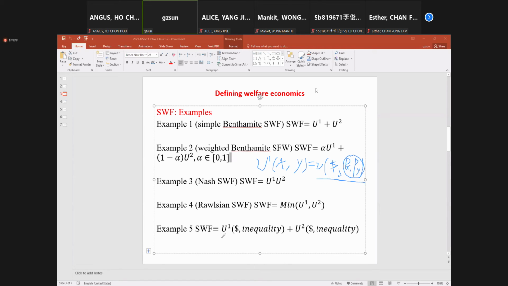But now, let's extend the utility function a little bit. How good you feel depends not only on how rich you are, how much money you have, but also on how you care about inequality.